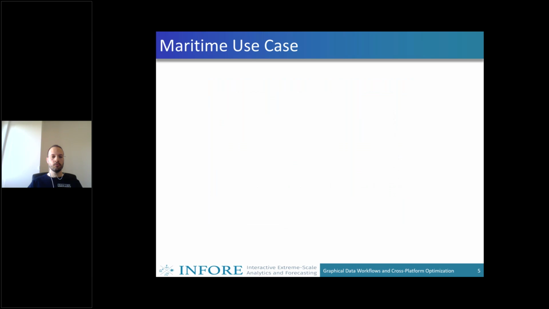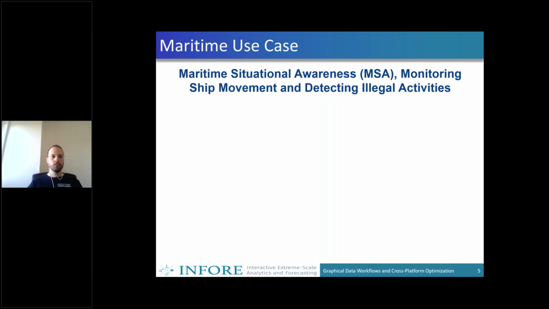The third use case is about maritime traffic monitoring. We are working here with Marine Traffic, a big company that provides a monitoring service for maritime traffic. We want to monitor ship movement and especially detect illegal activities such as ship fishing in areas where it's not allowed, piracy, and things like that.